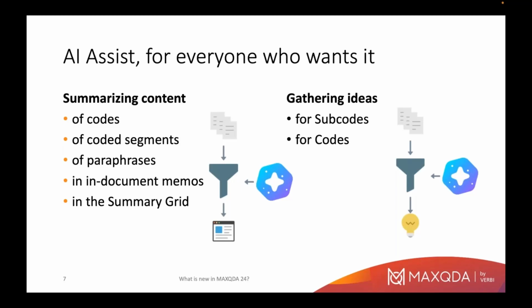I think that's a very good choice because many people work with sensitive data or have other institutional or personal reasons to not use AI Assist, and you don't have to. It comes with some potential, but you can do excellent research without it.